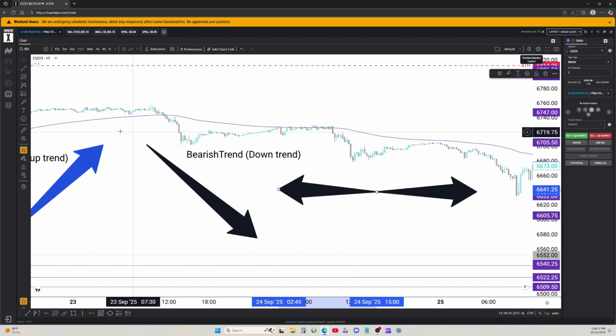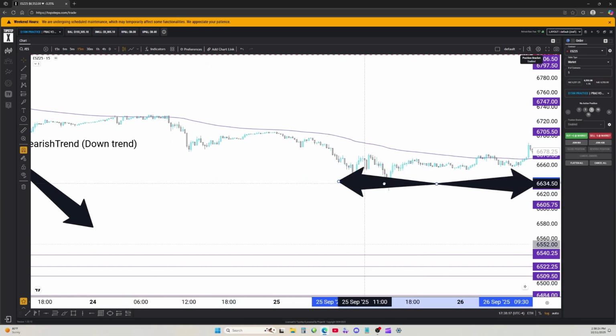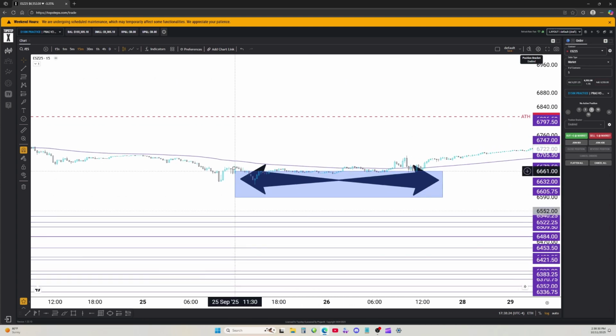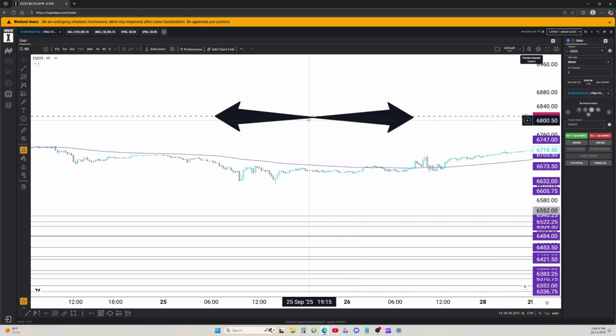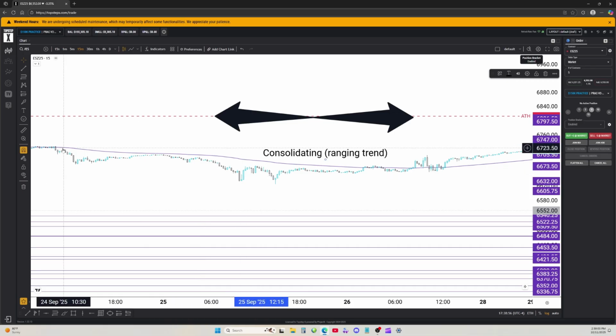When the market is like this, right, like this, kind of just stuck in the middle, left to right, right? It's consolidating. Consolidating.